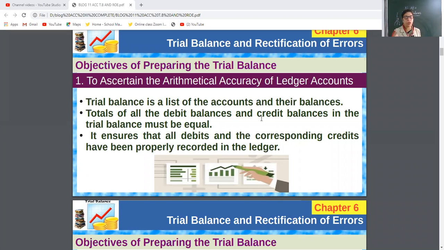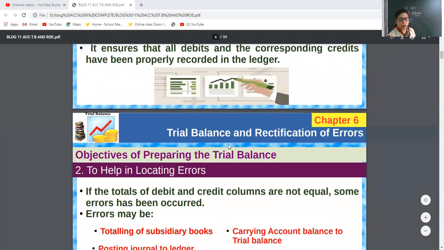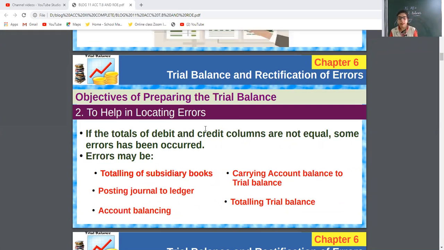If the total of trial balance matched, you can be ensured. Next, to help in locating the errors. Now, just now I told you, if the total of debit and credit columns are not equal, not matched, then what to do?